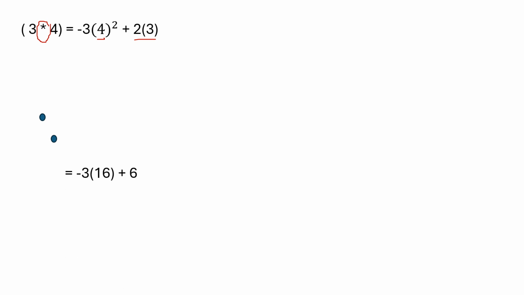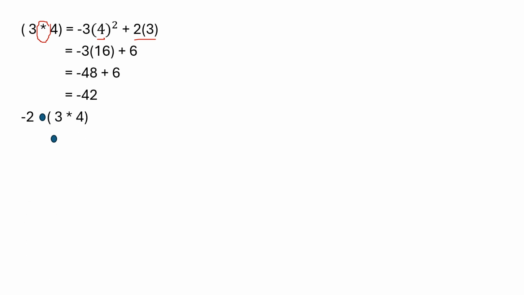So after the substitution, 4 squared will give us 16, so 16 multiplied by negative 3 plus 6, because 2 multiplied by 3 will give us 6. Simplifying further, we have negative 48 plus 6, and the final answer for 3 operated on by star on 4 is negative 42.